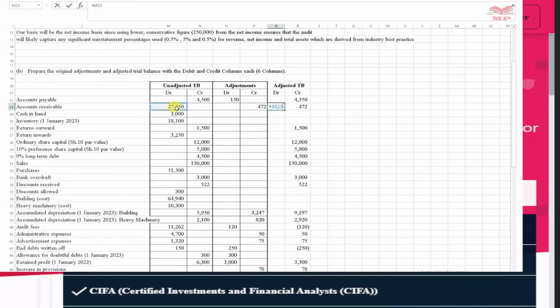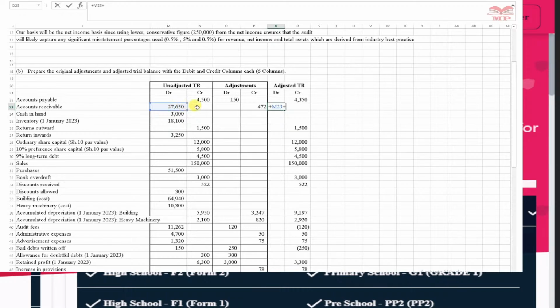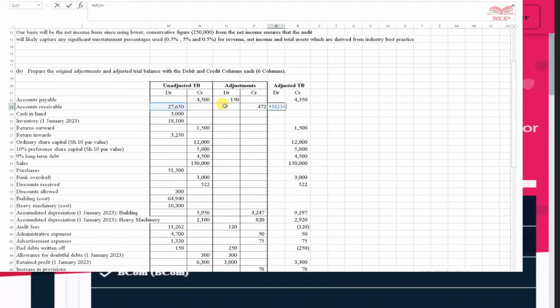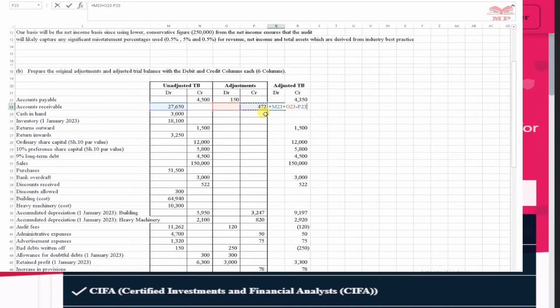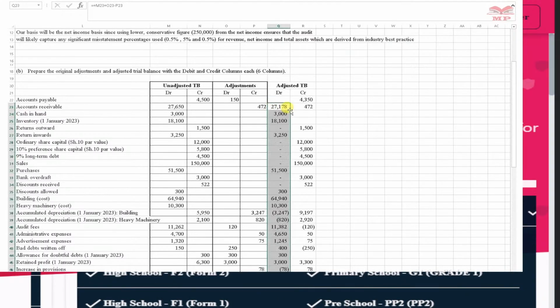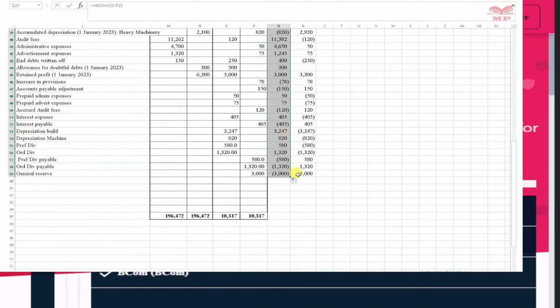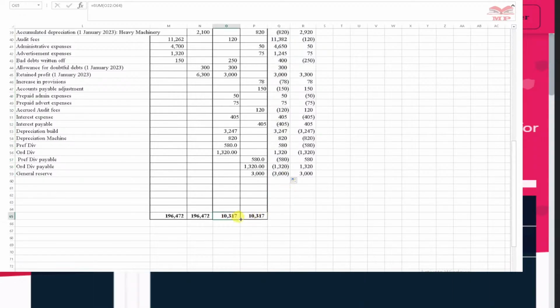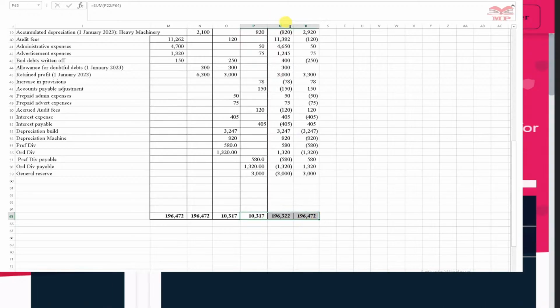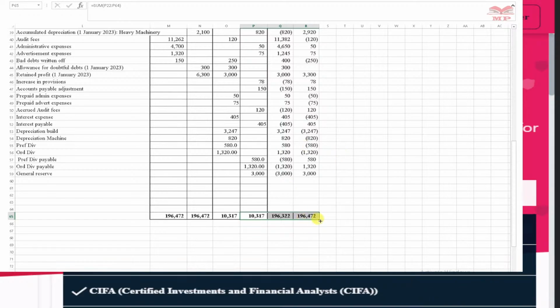We add, because it's debit, we're going to add this value here, and then subtract that value like that, because this is going to reduce, and we enter, and then we just double click like that and see what it gives us up to there. The totals should be equal.